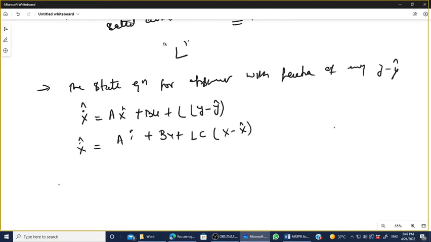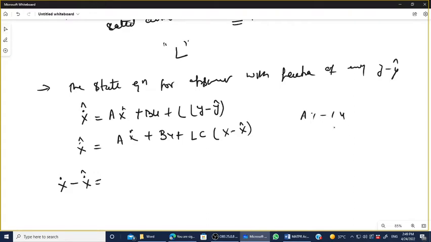When you calculate x dot minus x dot cap, x dot is equal to Ax plus Bu.